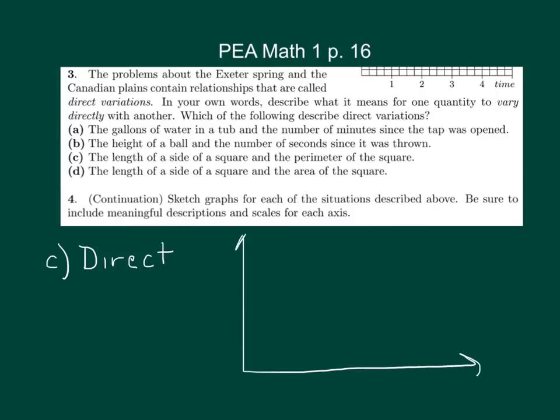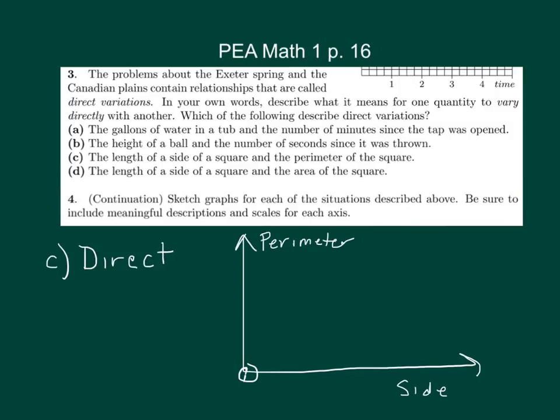Yeah, so you're always constantly increasing the perimeter of the square based on the side of the square. So if I graph this again, this will be perimeter.